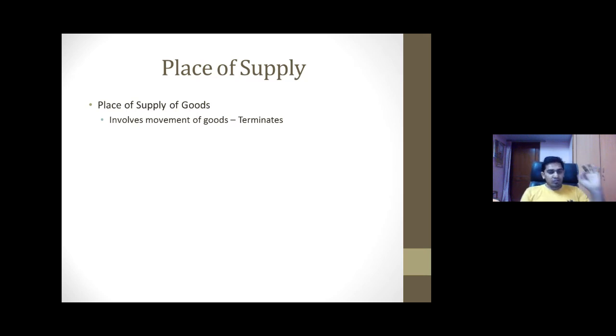So the place of supply shall be deemed to be in Rajasthan because the movement ended in Rajasthan. So this is the first rule. If there is a movement of goods, wherever the movement ends, the GST would go to that state.